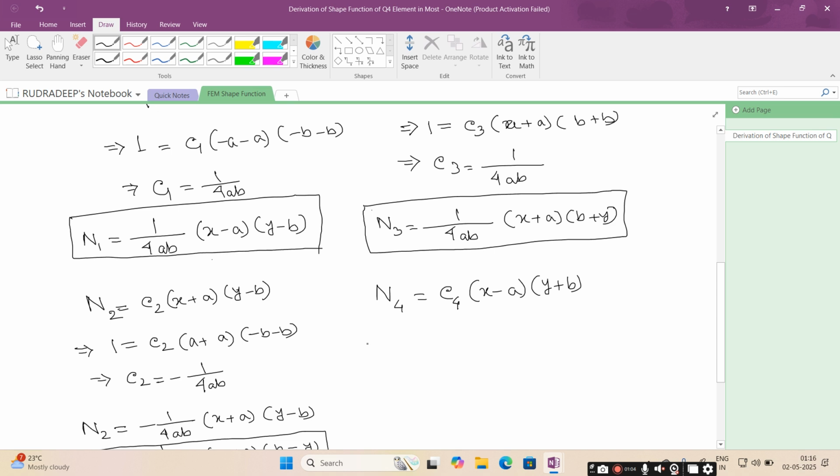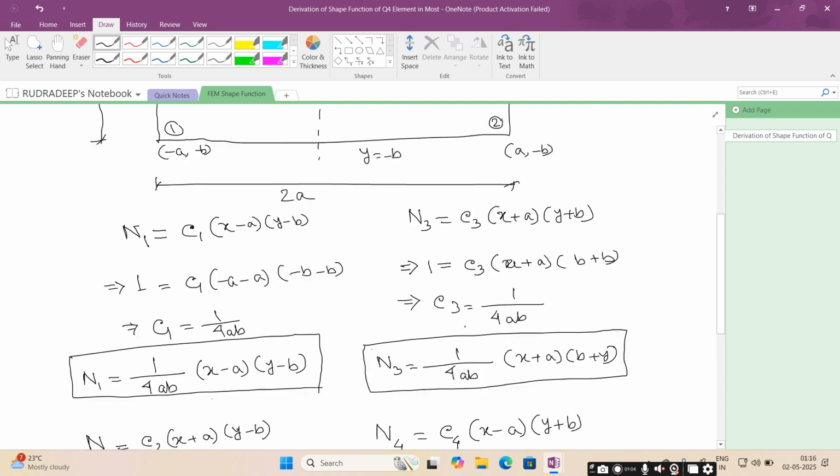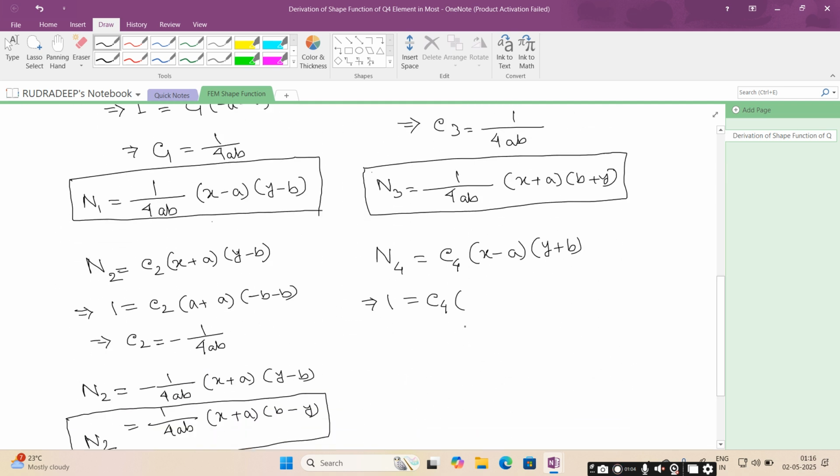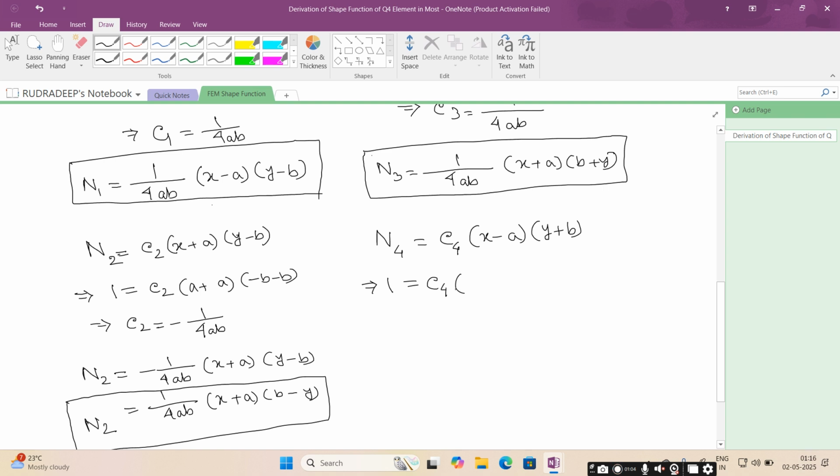So at node 4, the N4 value will be 1, 1 equal to c4. The coordinate of node 4 is minus a, b. So this one will be minus a minus a and b plus b. So the c4 value is minus 1 by 4ab.